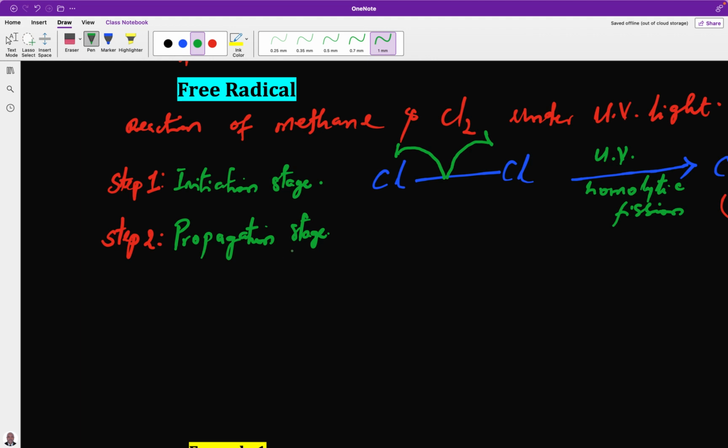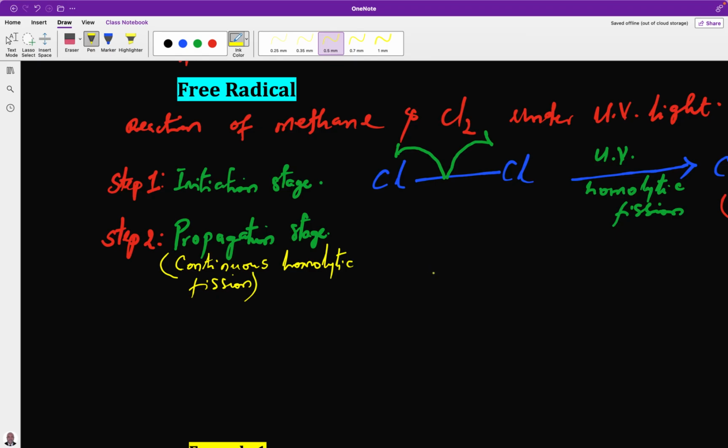Another name we can use for propagation is continuous homolytic fission. Let me put it like that. Propagation stage. Here, under the propagation stage, what happens is this.